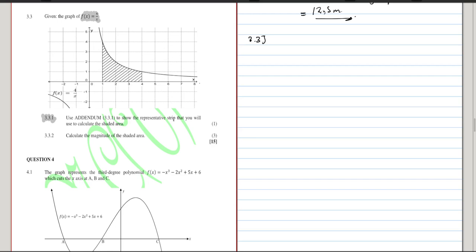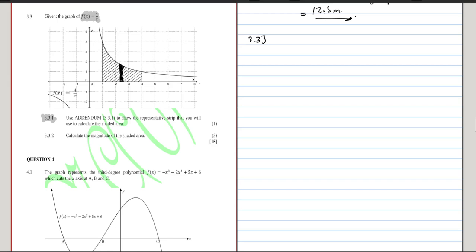Show the representative strip that you will use to calculate the shaded area. So you're just going to draw a vertical strip like this. This is our representative strip. The representative strip should be drawn somewhere in the middle of the area, like this.